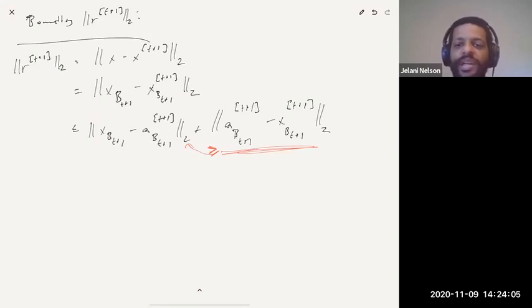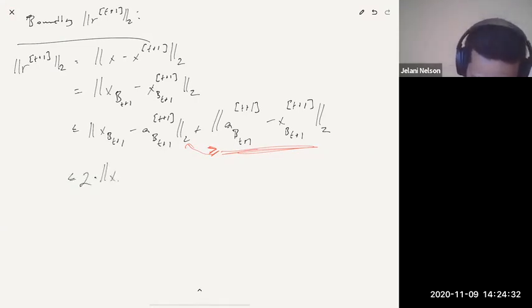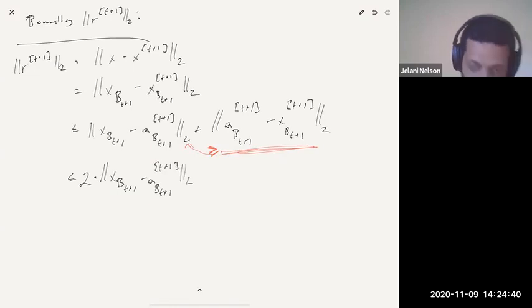So x_{t+1} is the hard thresholding operator applied to a_{t+1}. Meanwhile, x itself, remember, is k-sparse. From now on, we're assuming x is some other k-sparse vector. So it cannot be as good a k-sparse approximation to a as x_{t+1} is. So the left summand is bigger. So this is at most 2 times the left summand.